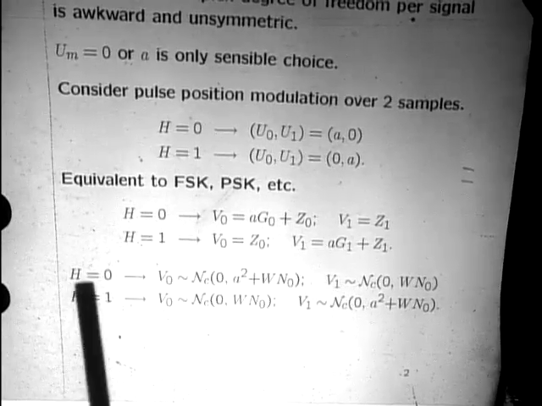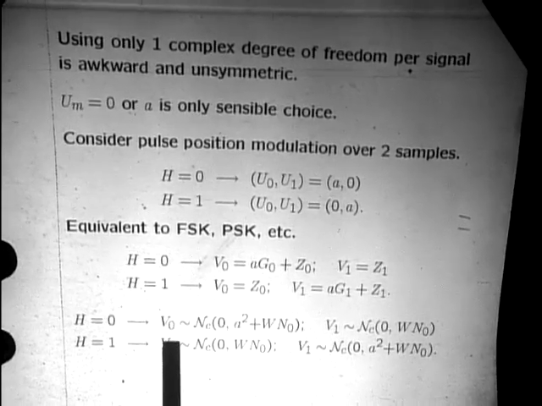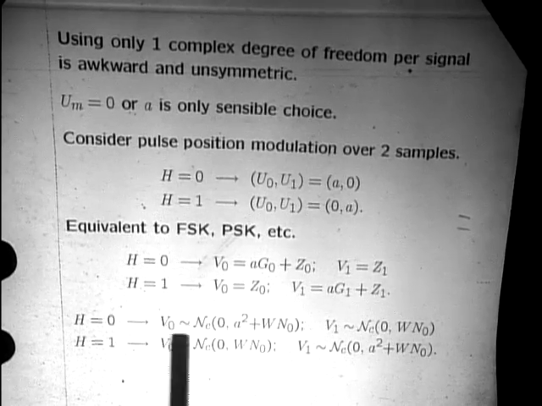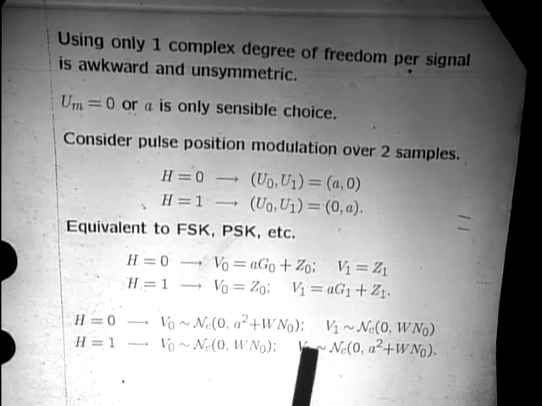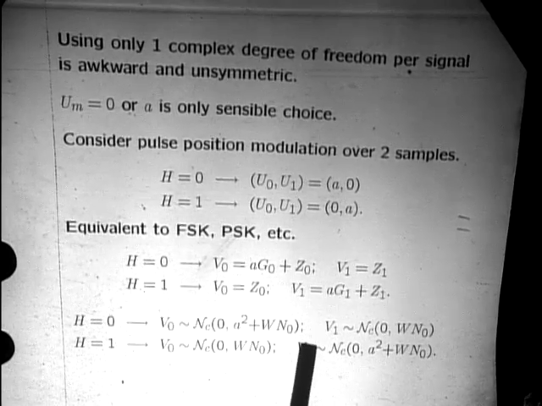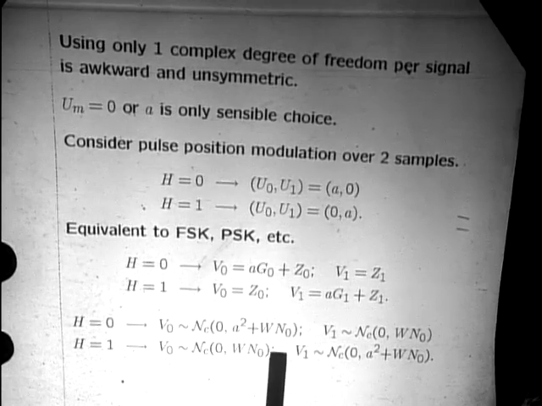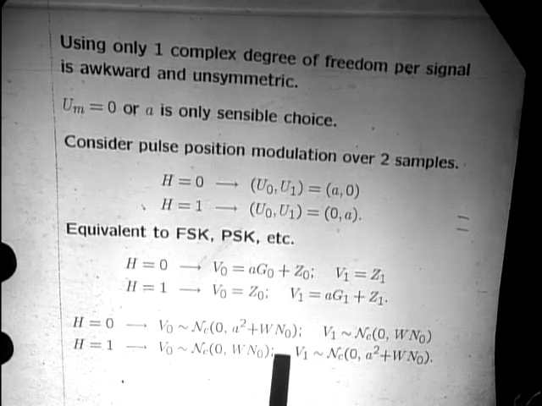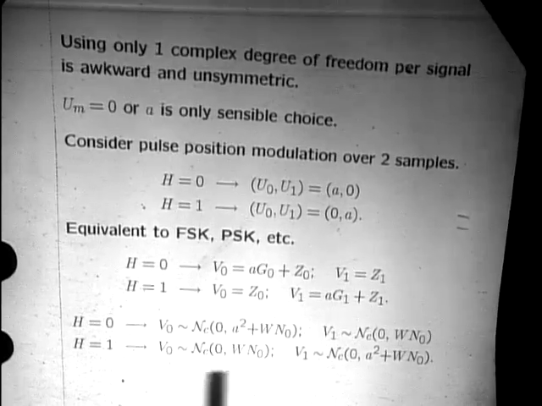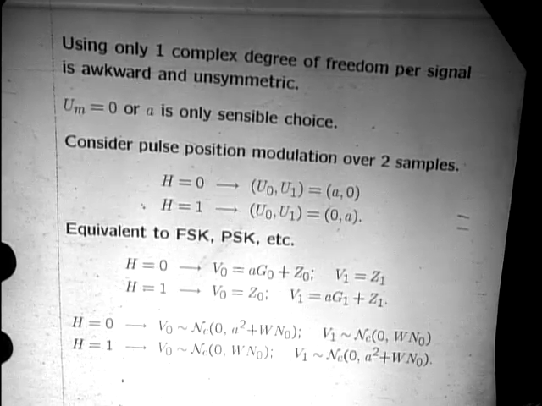Okay, so when we have hypothesis equal to 0, V0 is going to be a complex Gaussian random variable. Let me introduce a new piece of notation now, because it gets to be a real mess to constantly talk about a complex Gaussian random variable and its real part and imaginary part as being independent Gaussian.